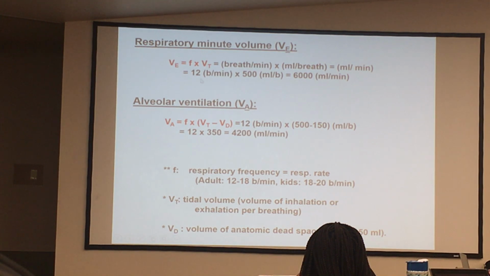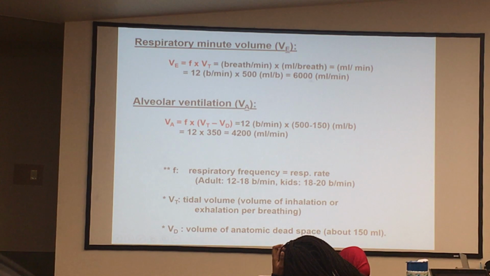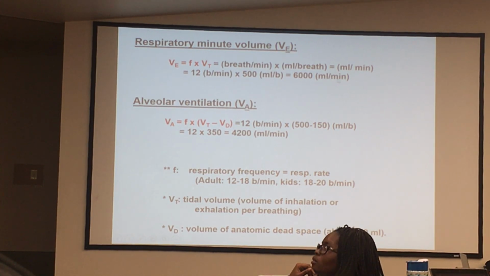Let's say every minute you have 12 breaths, and each one is 500 ml tidal volume, and you multiply it to get 6,000 ml per minute. And very interesting, this value is very similar to cardiac output, how much blood we pump out every minute.